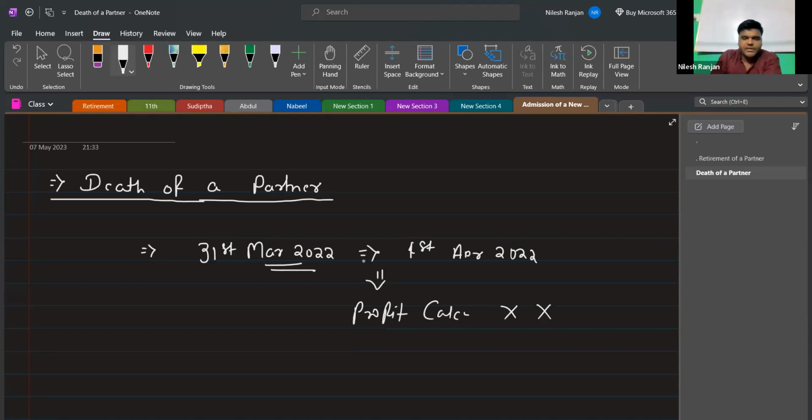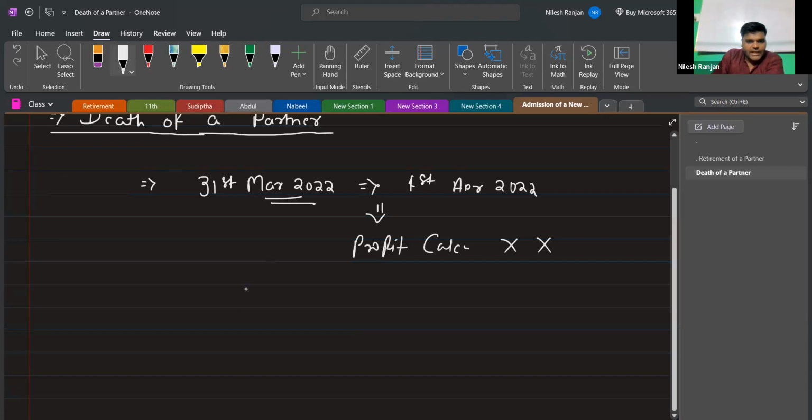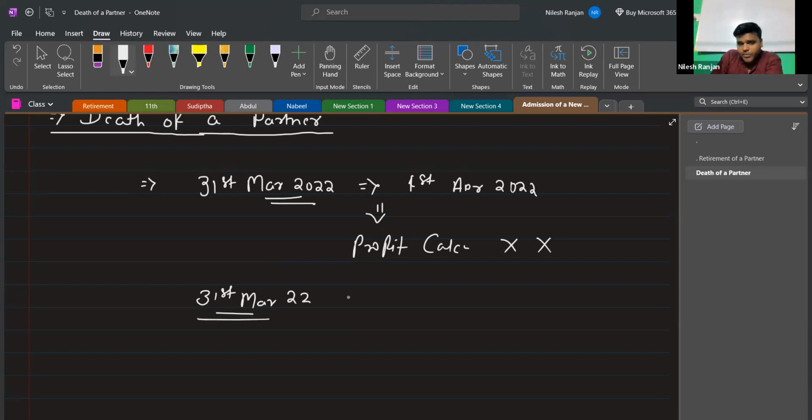But if you see that on 31st March 22, this is the ending of previous year, and date of death is 1st September 2022. Now tell me, is it necessary to calculate profit or not? Can you tell me why?